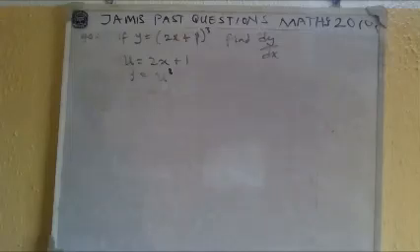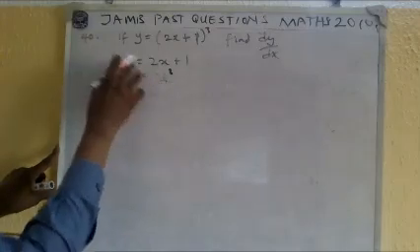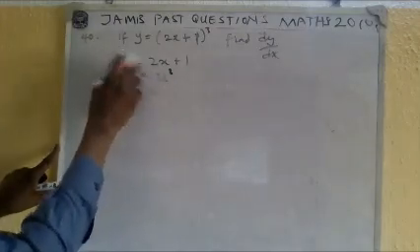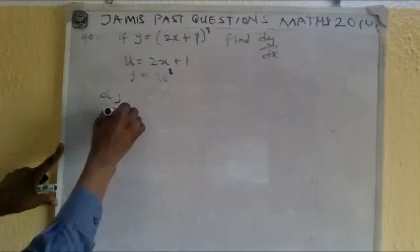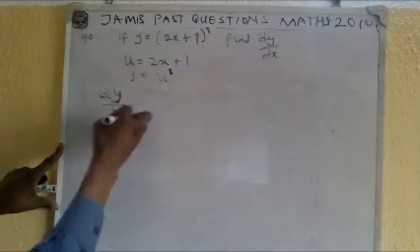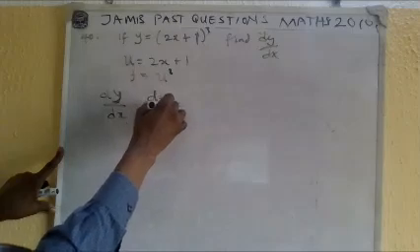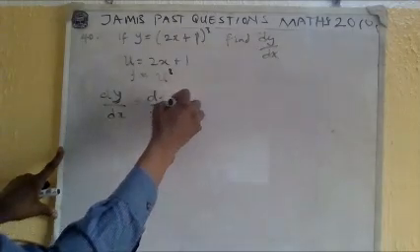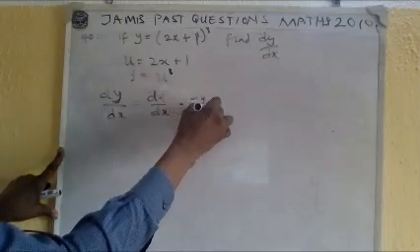So for a function of a function, there's an intermediate function here that is not needed. That one will disappear. dy/dx is the same thing as du/dx times dy/du.